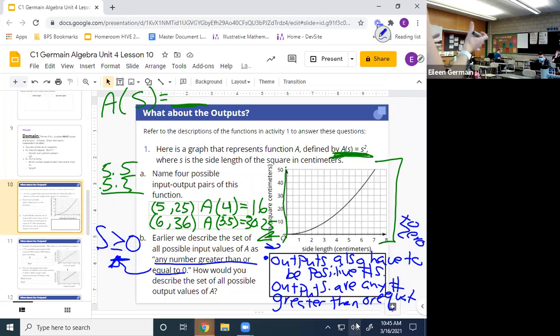I like it. It's good. But we want to be really mathematical. We want to be really precise. We want to write it easily so that we can convert it to an inequality. Outputs are any number greater than or equal to 0 is a more mathematically precise way of saying it.